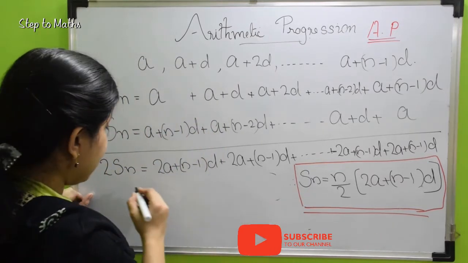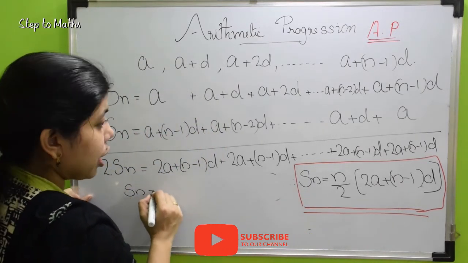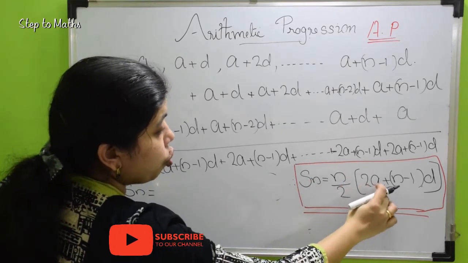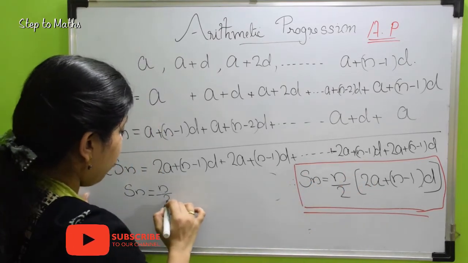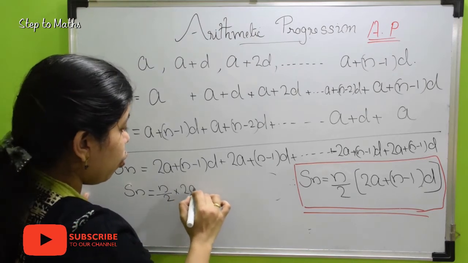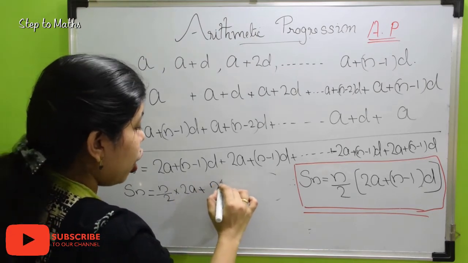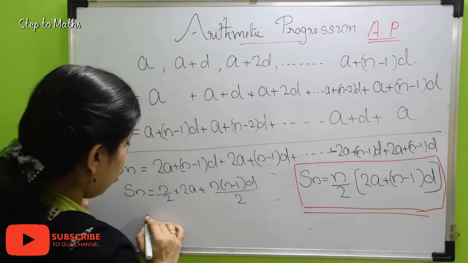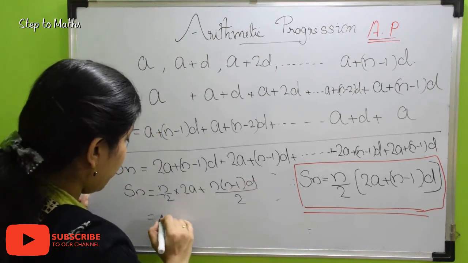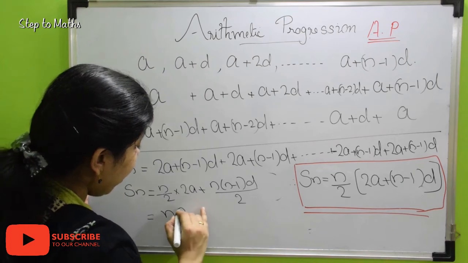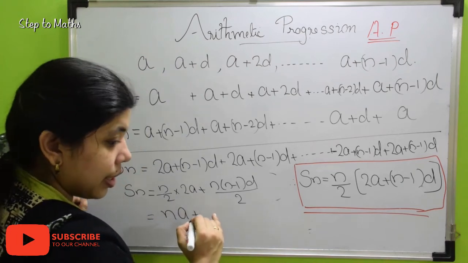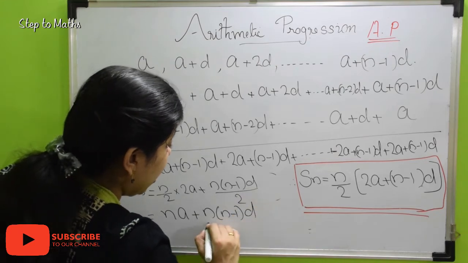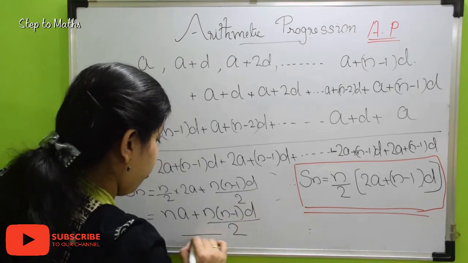We can rewrite this equation, if we remove the bracket, as Sn equal to n upon 2 into 2a plus n into n minus 1 into d upon 2, or we can write it as na plus n into n minus 1 into d upon 2.